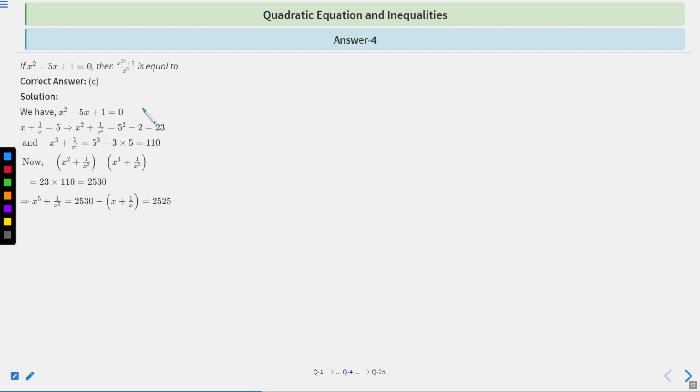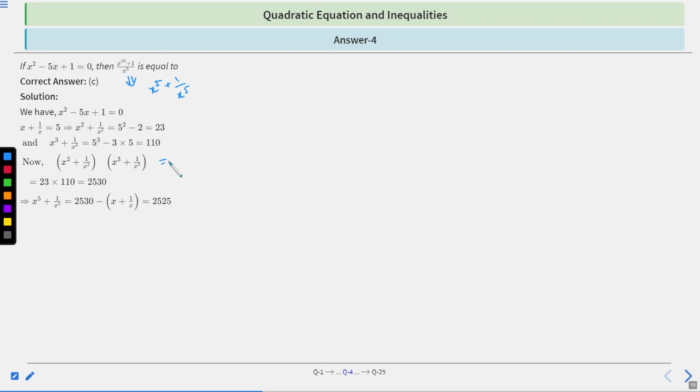Now see, x square plus 1 by x square into x cube plus 1 by x cube is basically 23 into 110, which is 2530, right? Now we have to calculate x to the power 5 plus 1 by x to the power 5.